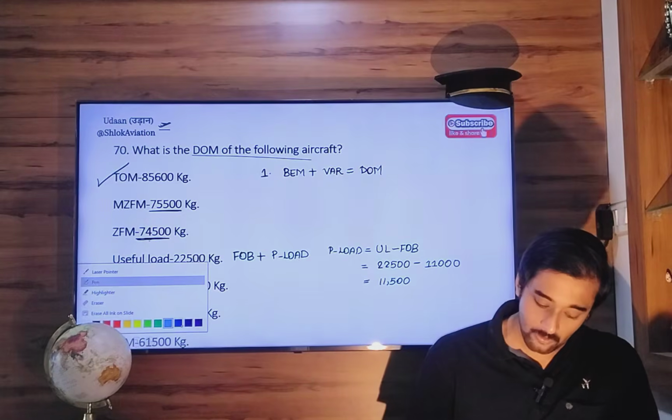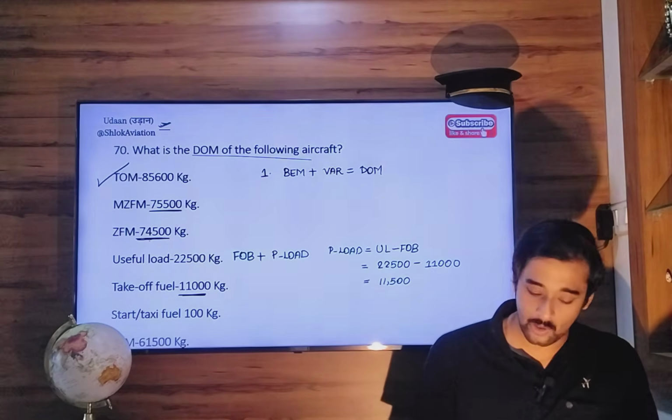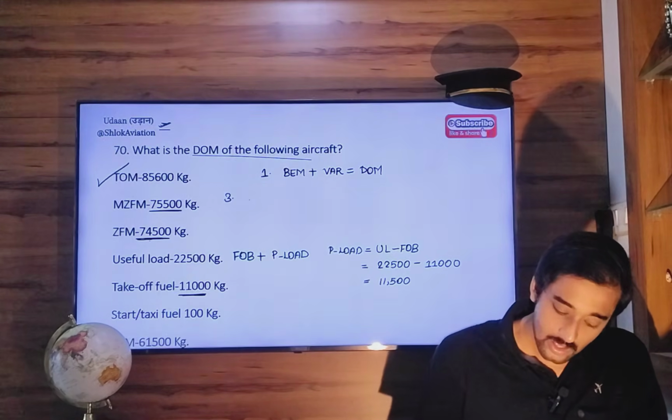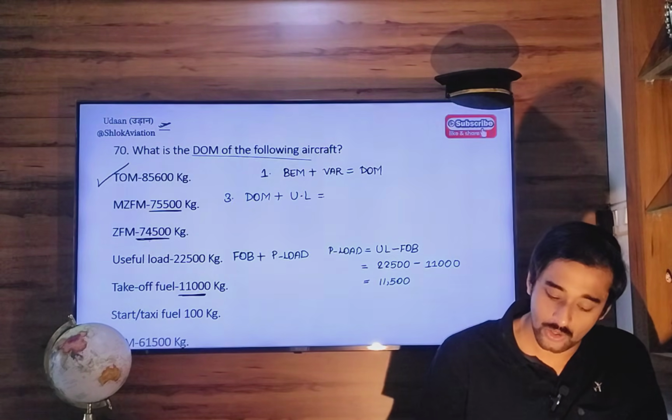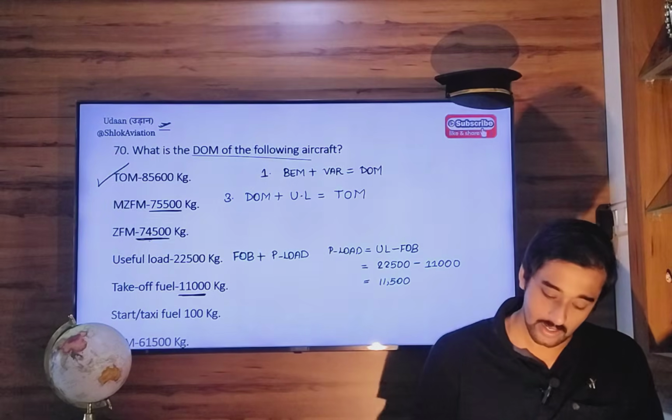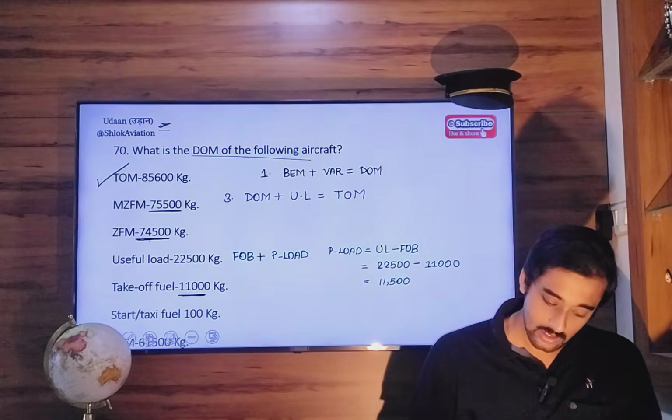Now there is one more way in which you can calculate your dry operating mass. The third way. We all know that dry operating mass plus useful load equals your takeoff mass.